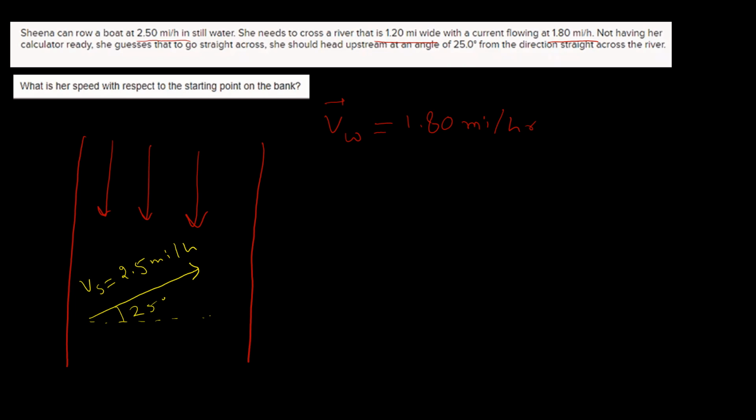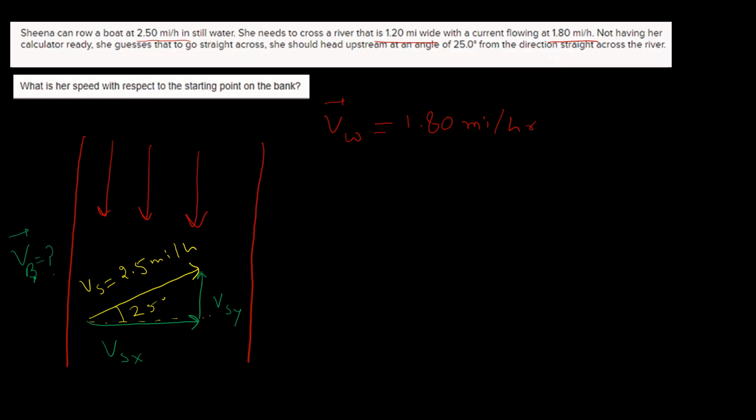So we can find the components of this: VSx, the x component of Sheena's velocity, and VSy, the y component of Sheena's velocity. Then we need to find the speed with respect to the starting point at the bank. So we need to find the velocity VB, the velocity at the bank.